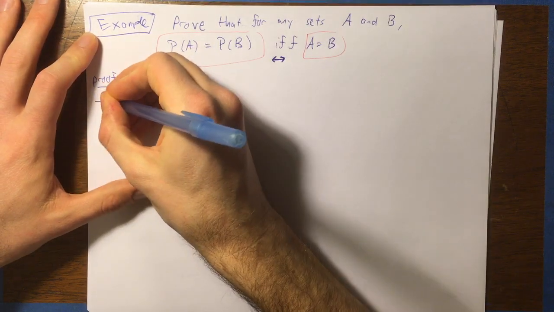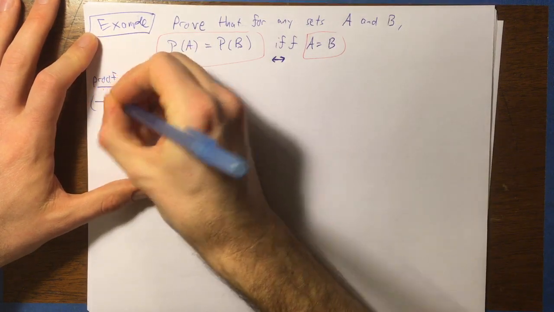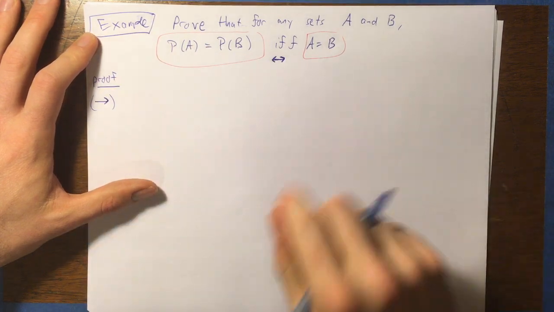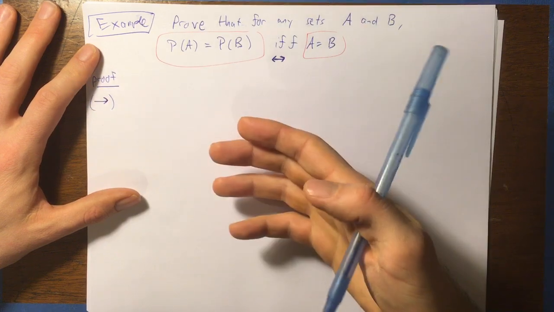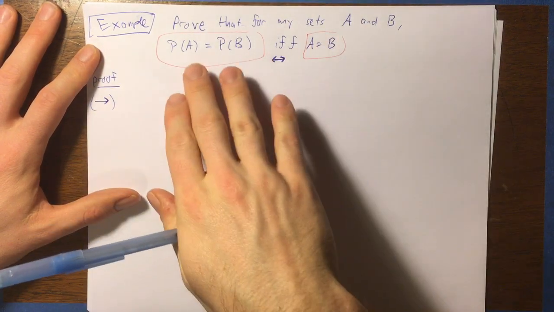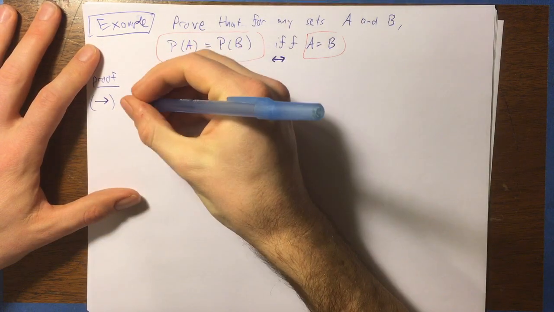So the first part of my proof is going to be the right direction. I'm going to prove this directly, with a direct proof. So I'm going to start by assuming the left side.